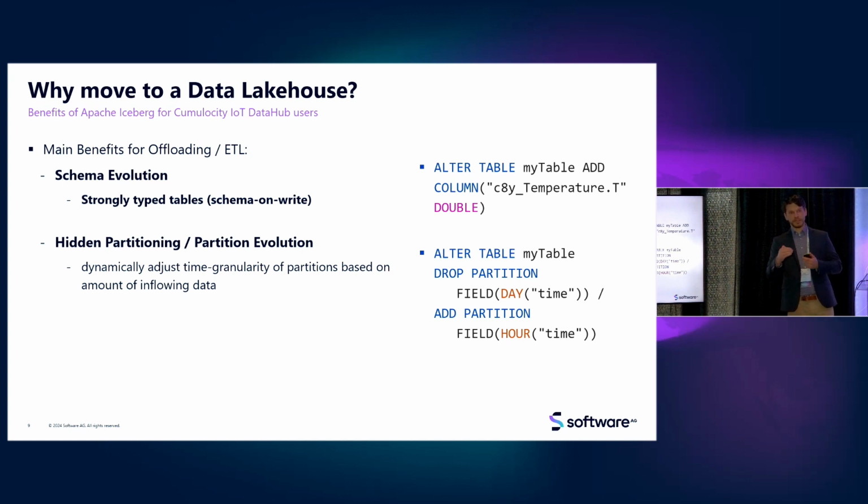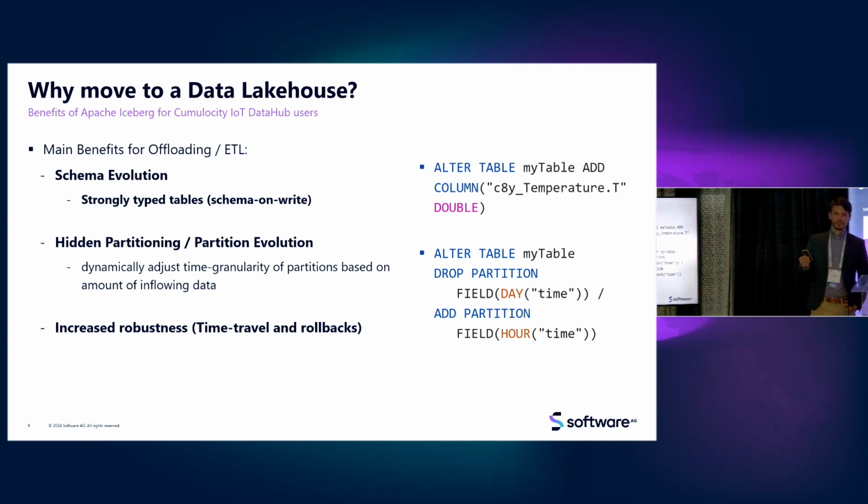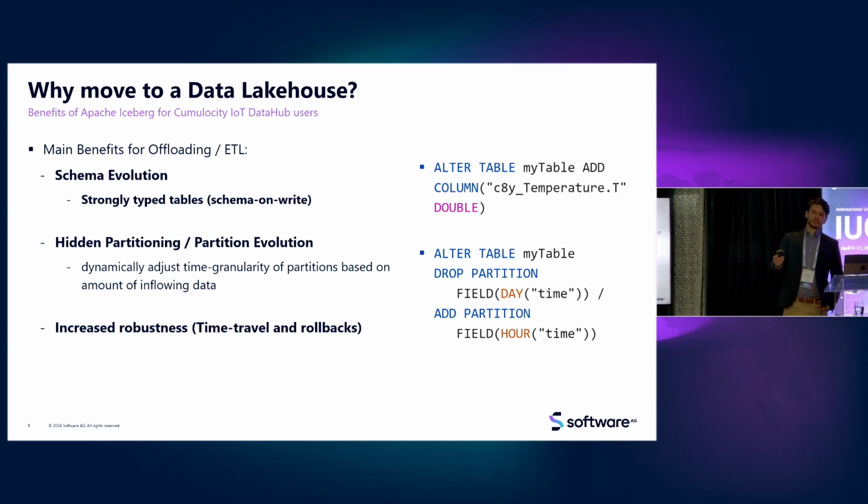So there is a correlation between those factors, and we will be able to do that via alter table drop and add partition statements. And of course, the robustness will even be increased. Not that we have big issues with robustness, but we get interesting new primitives like time traveling and also rollbacks to earlier states. And I will show that in the demo in a minute.